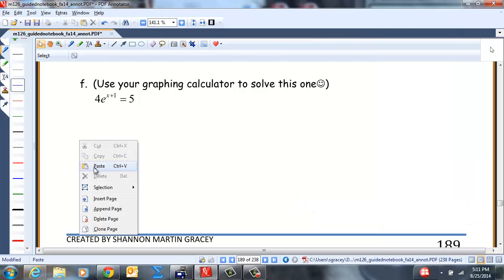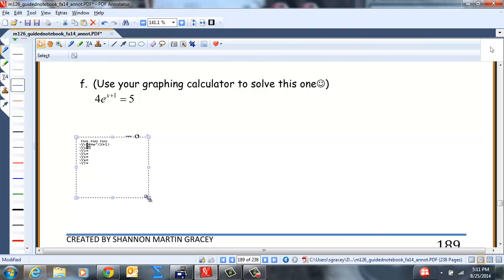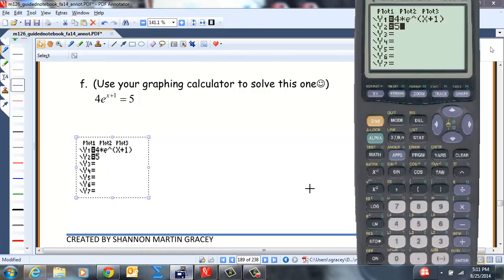So that's what we entered into the menu. And if we graph, let's see what we get. There's the exponential, and there's y is 5.